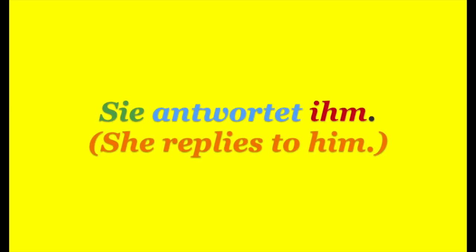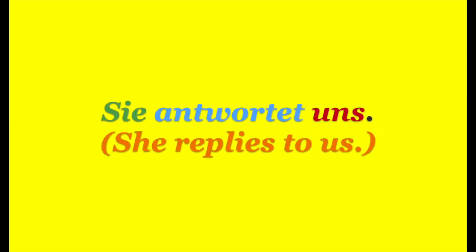On the other side, we can say, she is answering or replying to him. So, sie antwortet ihm. To her, to him. To whom, wem antwortet er? Er antwortet ihr. Und wem antwortet sie? Sie antwortet ihm.